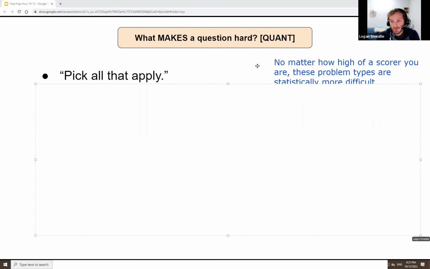Why is that statistically so difficult? It's because there is no partial credit. So if you have to pick multiple answers, it means that it's not just get the right answer, click it in.